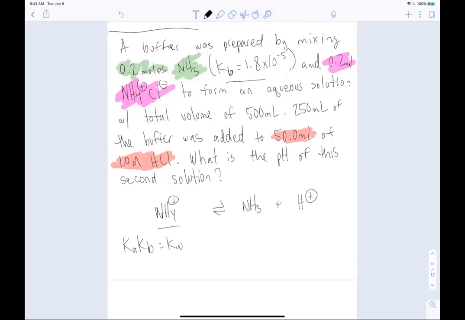Yeah, this is fine. Let's see, we know that the Ka is going to be equal to the Kw divided by the Kb.